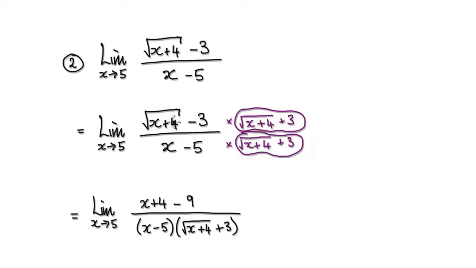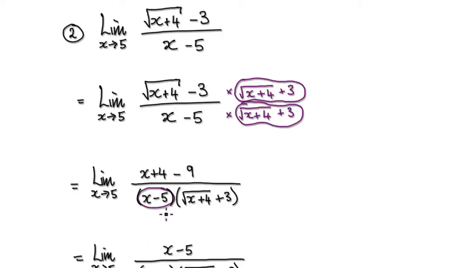This times this will give you x plus 4, and then negative 3 times positive 3 will be negative 9. So the numerator will become this. The denominator, just leave it as this thing times the conjugate.